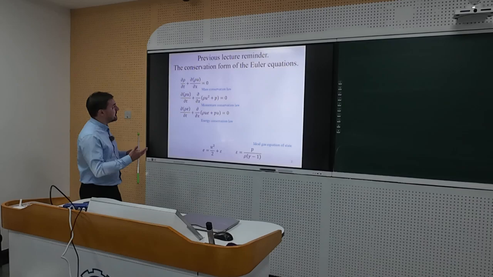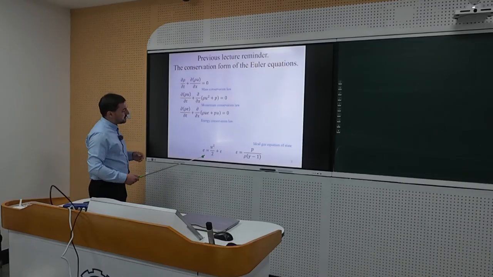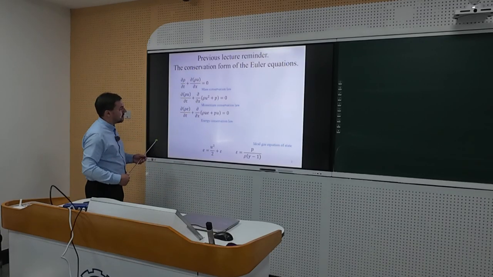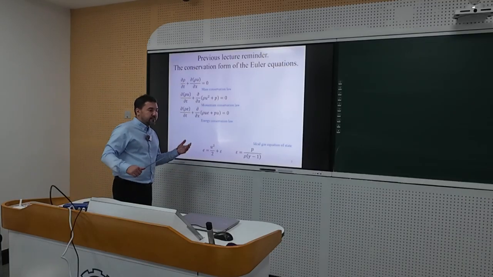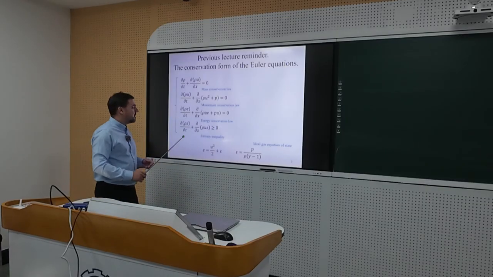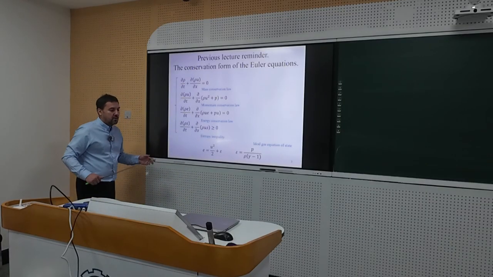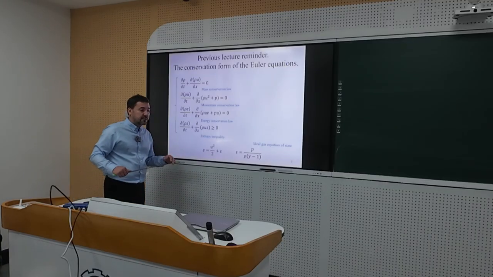Formally, that's enough. We have density, velocity, pressure, so 3 unknowns. And if we put this E and this epsilon into the energy conservation law, we will have 3 equations for 3 unknowns. But then that's not enough, because we also should add the entropy inequality or take into account the second law of thermodynamics.